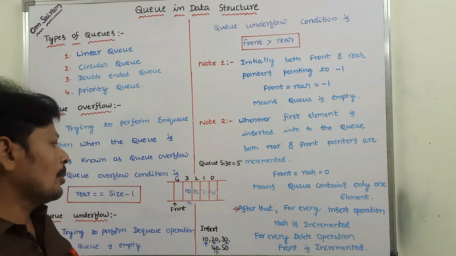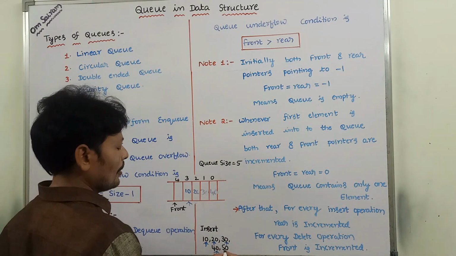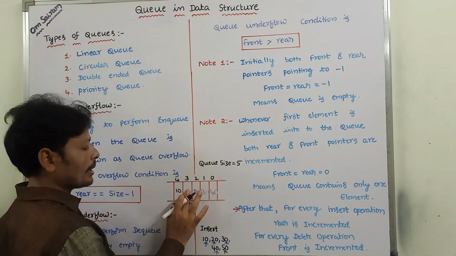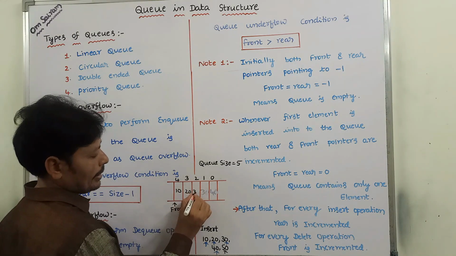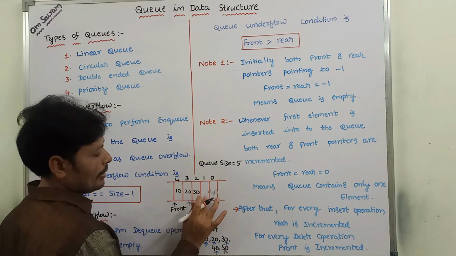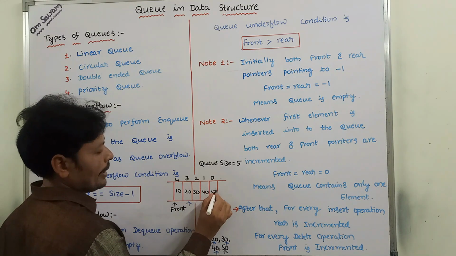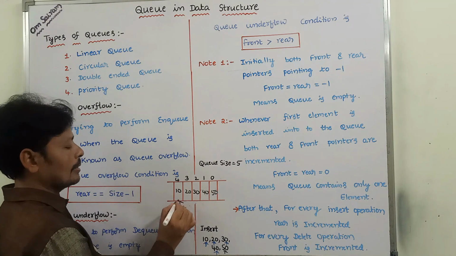Next, we want to insert element 50 into the queue. At that time, 10 goes here, 20 goes here, 30 goes here, 40 goes here, and 50 goes here. So the rear pointer points to this one.